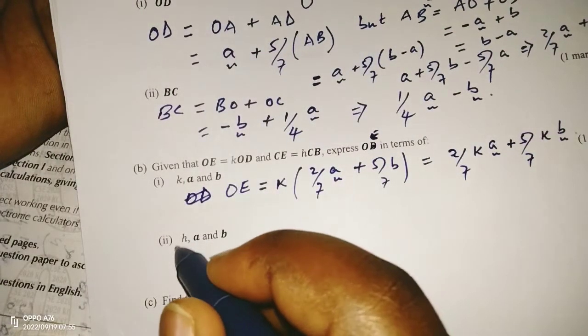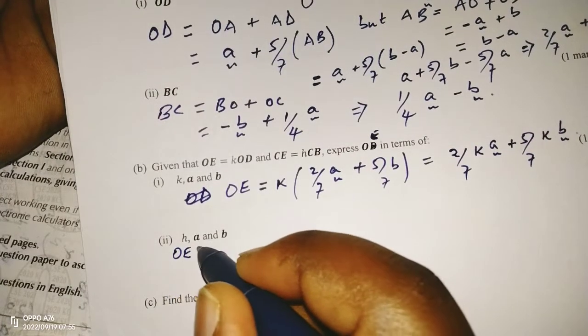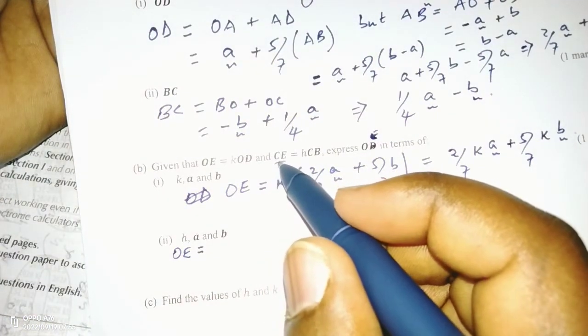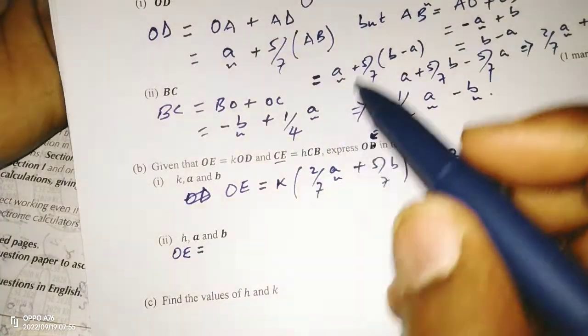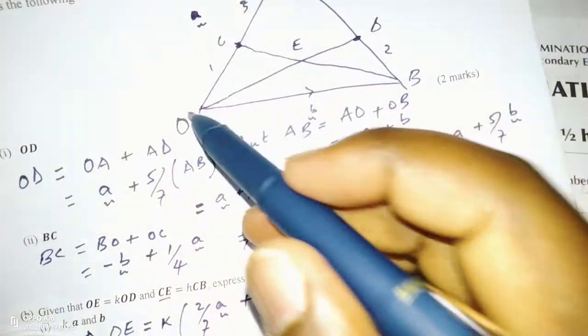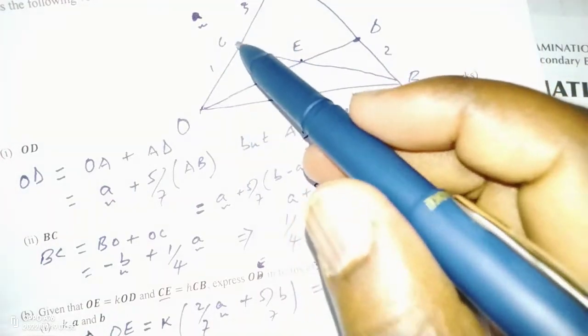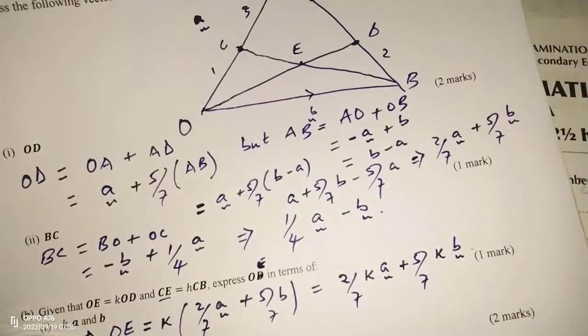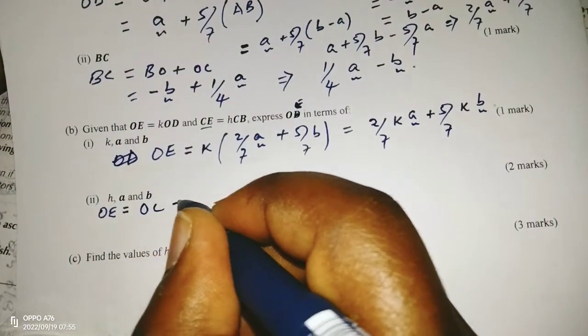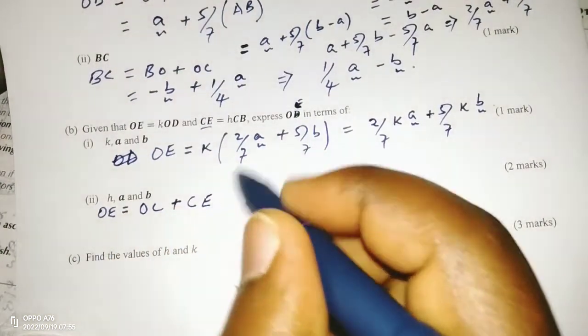Then OE again, but now following CE. OE following CE should be OC plus CE.